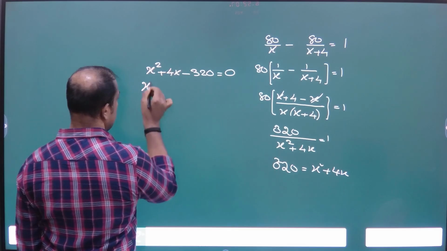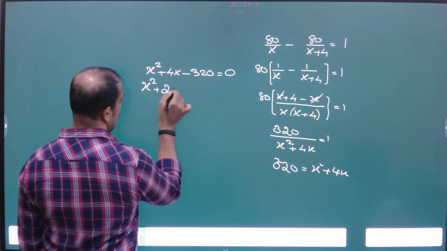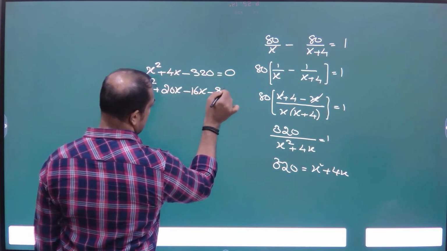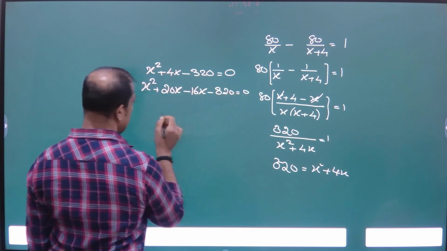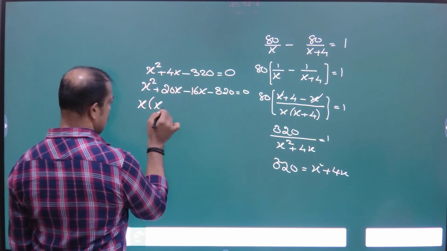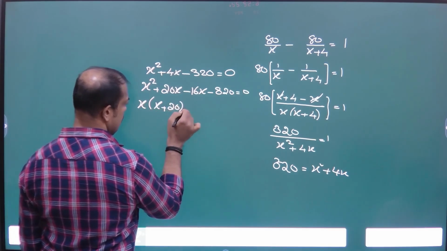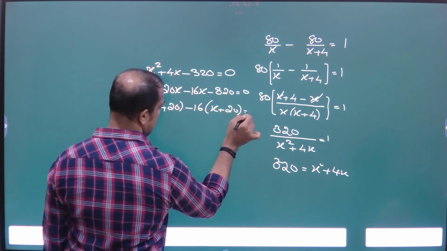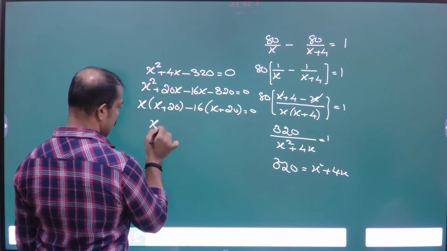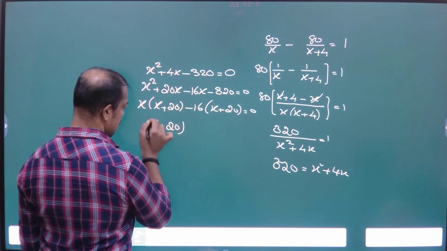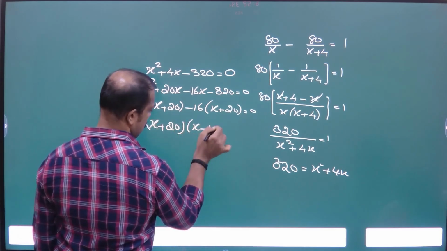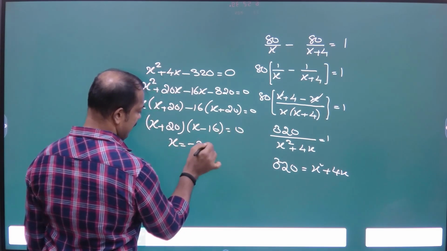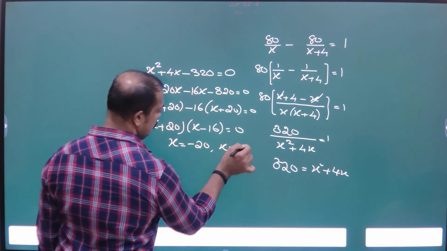So x squared plus 20x minus 16x equal to 0. X common, x plus 20 minus 16 common, x plus 20 equal to 0. So x plus 20 into x minus 16 equal to 0. X equal to minus 20 or x is equal to 16.